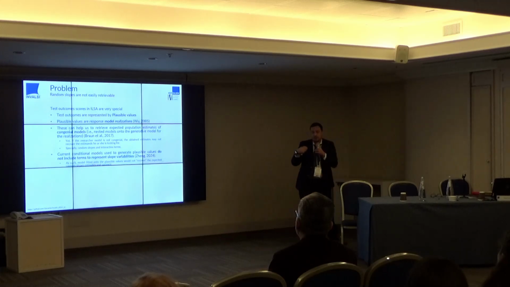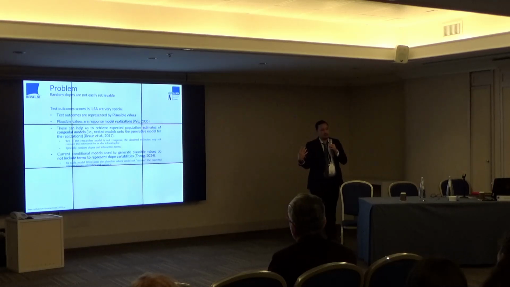The way that the different large-scale studies use the information in the background questionnaires is a little bit more complex. What they do is generate several principal components, and they feed them into this conditional model.